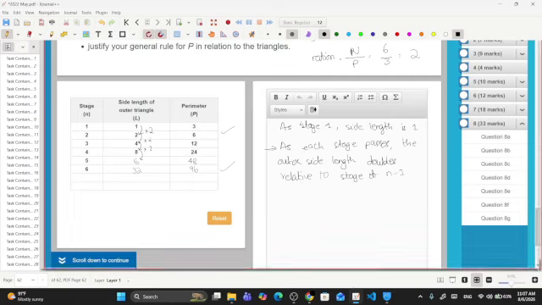Now we know that the common ratio is 2 and a triangle has 3 sides. So when we apply the entire notion that we have studied, we get a result of 3 multiplied by 2 raised to the power of n minus 1.